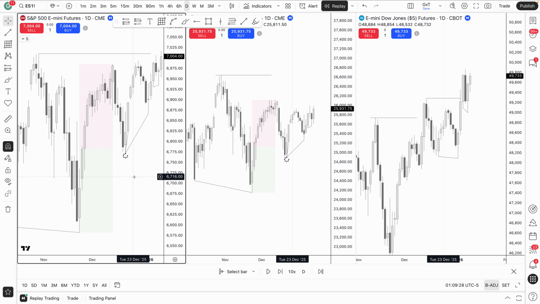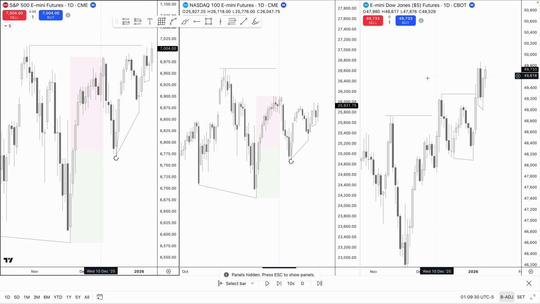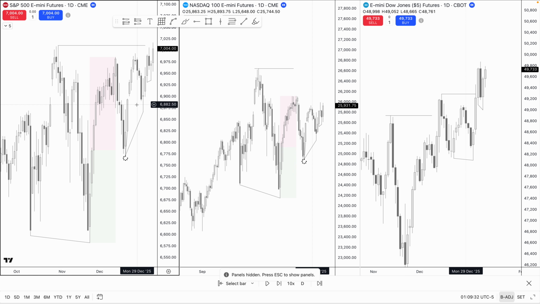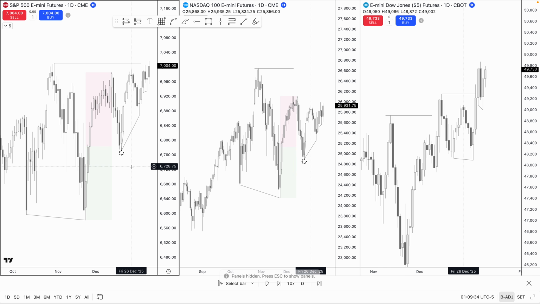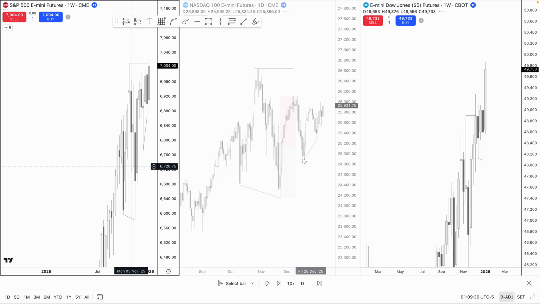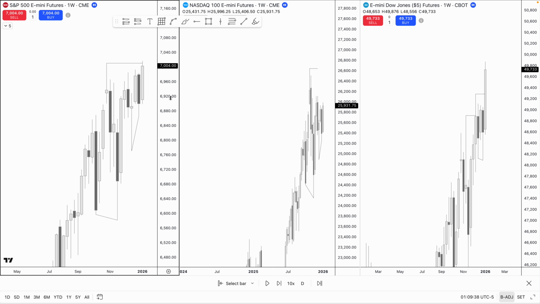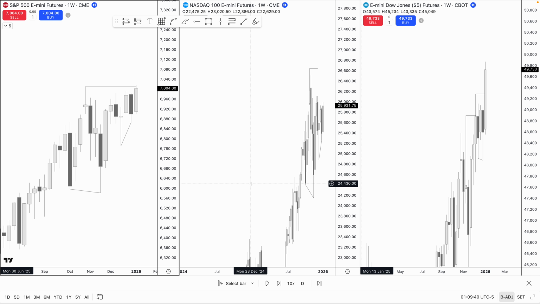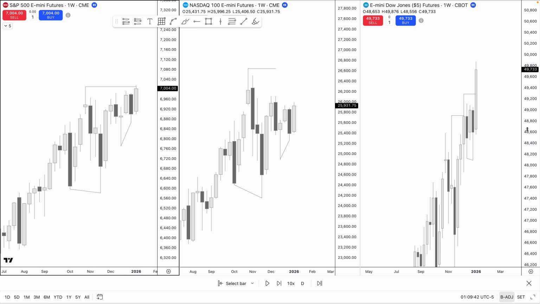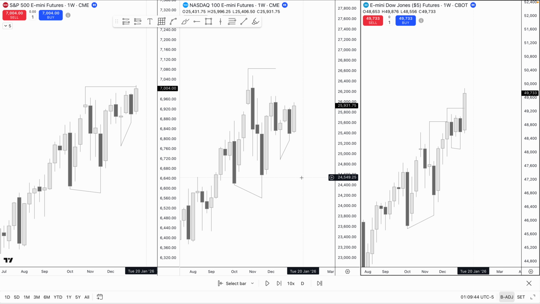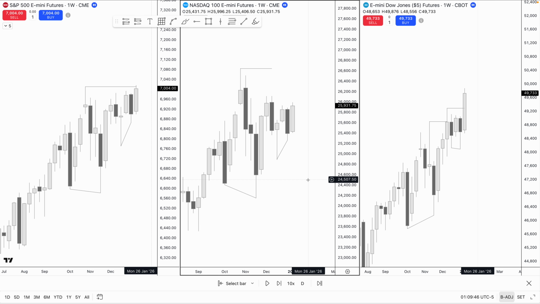So now we're gonna go over some higher time frame stuff. Let's kind of full screen this chart here. So first, let's take you to the weekly chart here. So this can be applied to any time frame. Now I will say, on the higher time frame, a lot of things can happen as far as macro things go, like war, whatever, right?